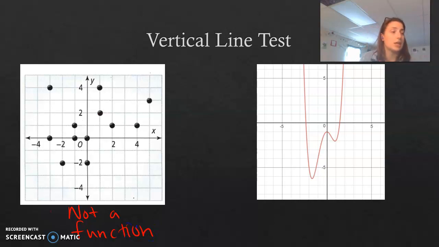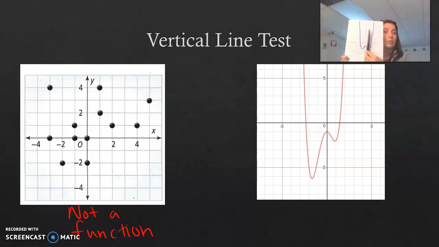But then we could take the next graph, and that was a pretty good sketch of that graph. What we're going to do is move our line across, and technically, I know these lines look like they're vertical, but they're not.